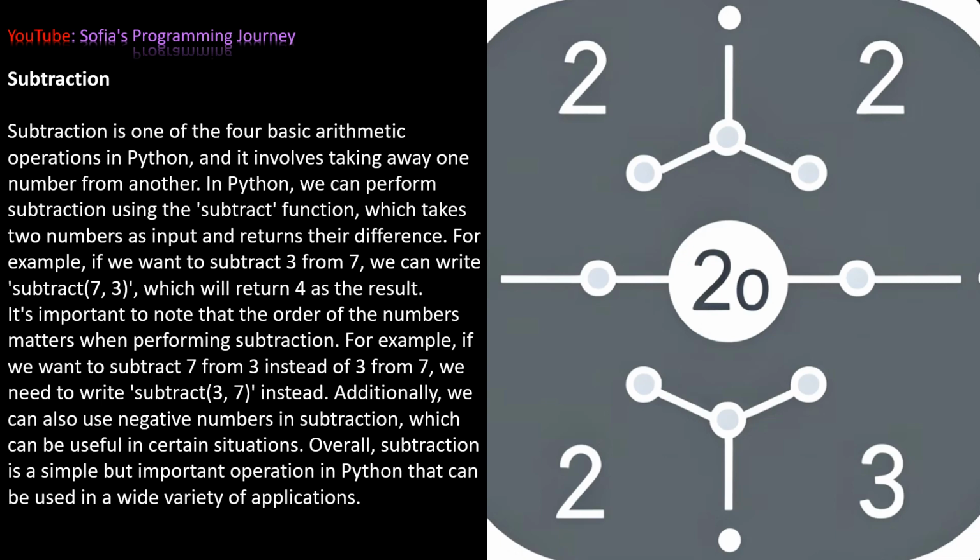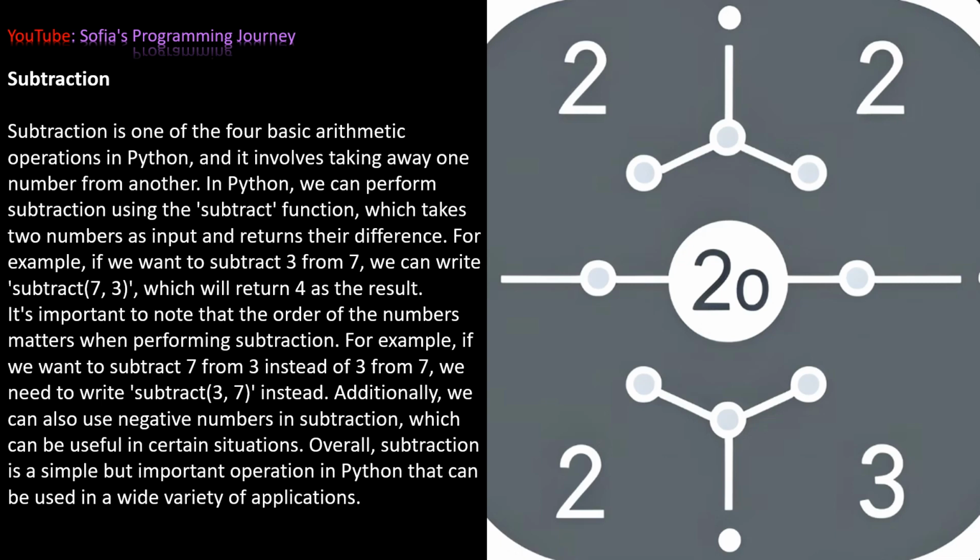Subtraction is one of the 4 basic arithmetic operations in Python, and it involves taking away one number from another. In Python, we can perform subtraction using the subtract function, which takes 2 numbers as input and returns their difference. For example, if we want to subtract 3 from 7, we can write subtract 7, 3, which will return 4 as a result.